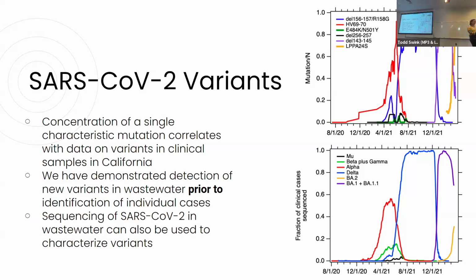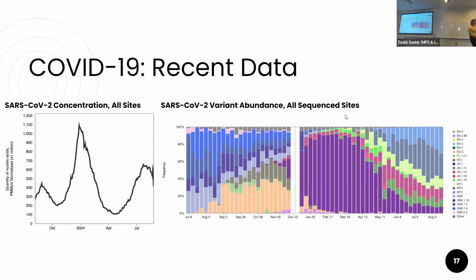We have kept up over time with making sure we don't have any mutations in that region that would cause dropout. That did happen with the S gene assay, which we dropped anyway because it was redundant at some point. But that's one way. The other way is that we've done sequencing. We're able to do tiled amplicon sequencing of SARS-CoV-2 RNA in wastewater and look at the proportion of reads that align with these different known variants.